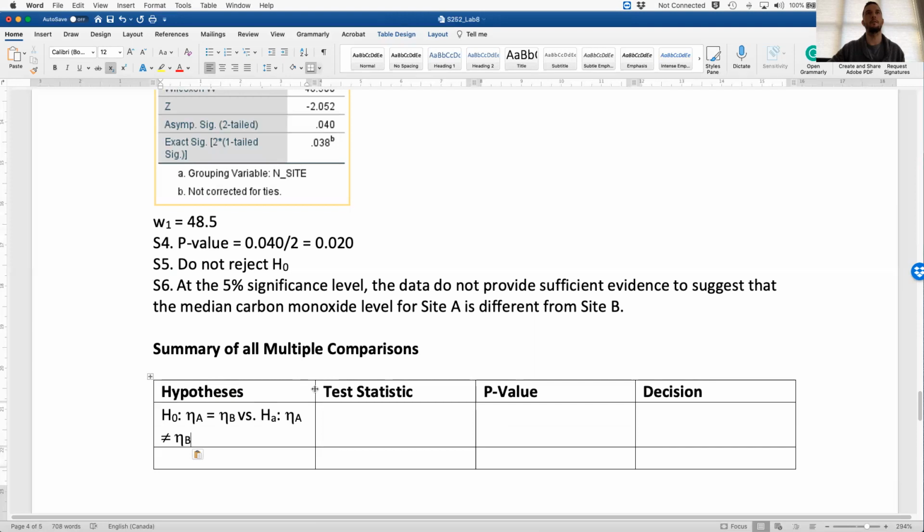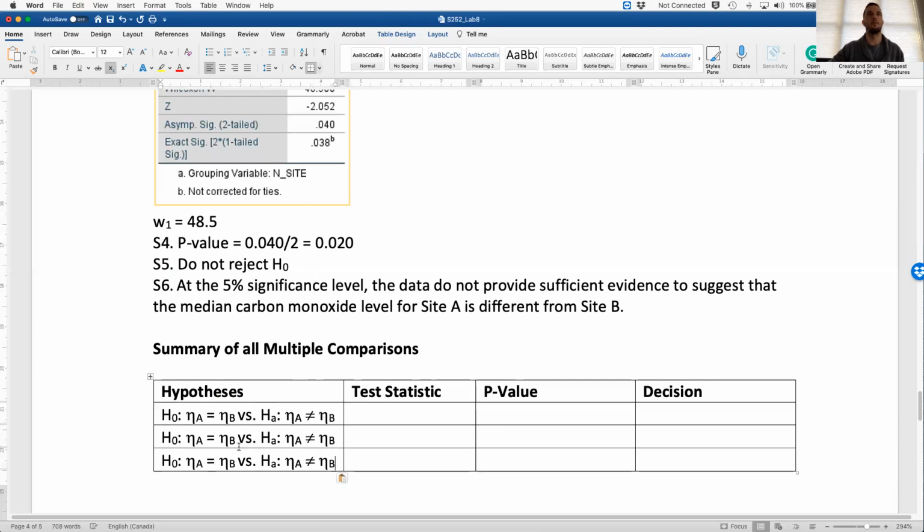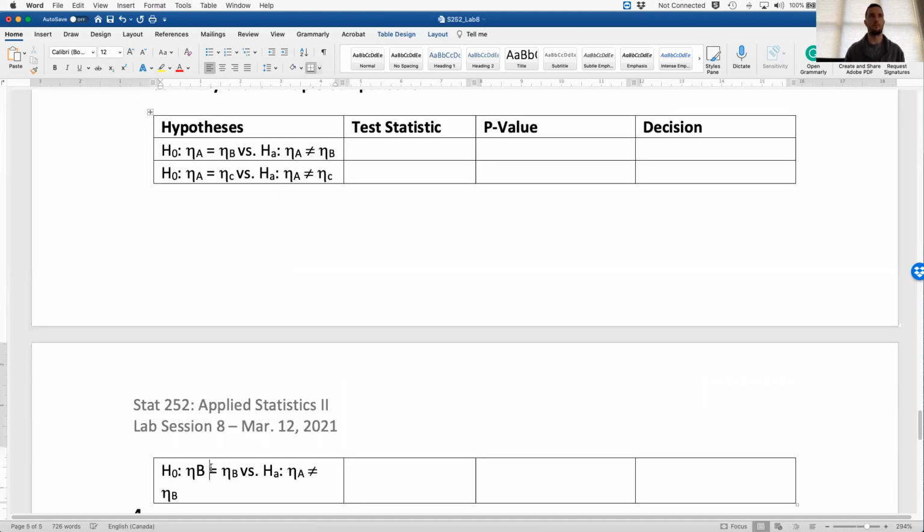Okay, so this will be our first test. This will be our second test.